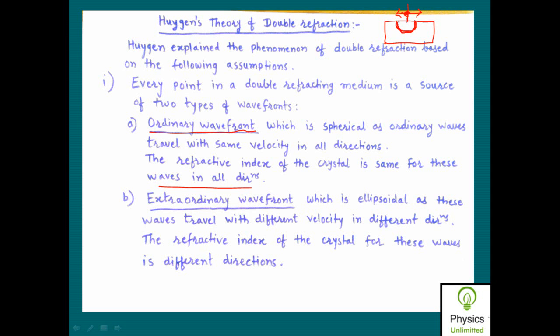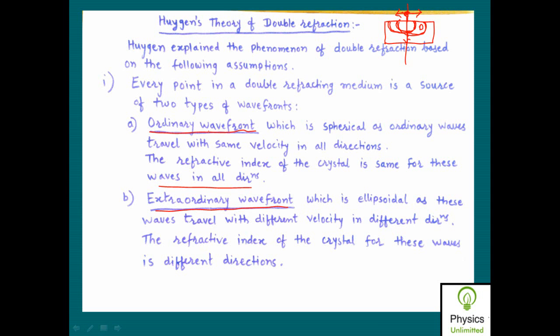Why spherical in shape? Because the velocity for the ordinary ray is the same in all directions, while the wavefront traced for the extraordinary ray is elliptical in shape. If this is the direction of, suppose, the optic axis, then the elliptical wavefront lies outside the spherical wavefront, but both wavefronts touch each other along the direction of the optic axis because their velocities are the same along the optic axis.